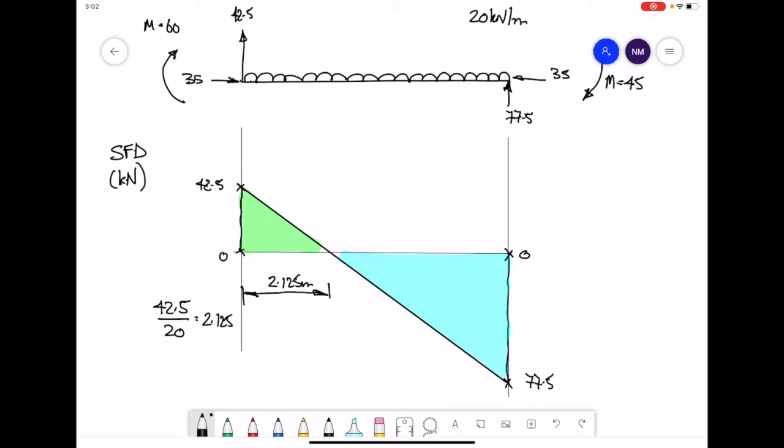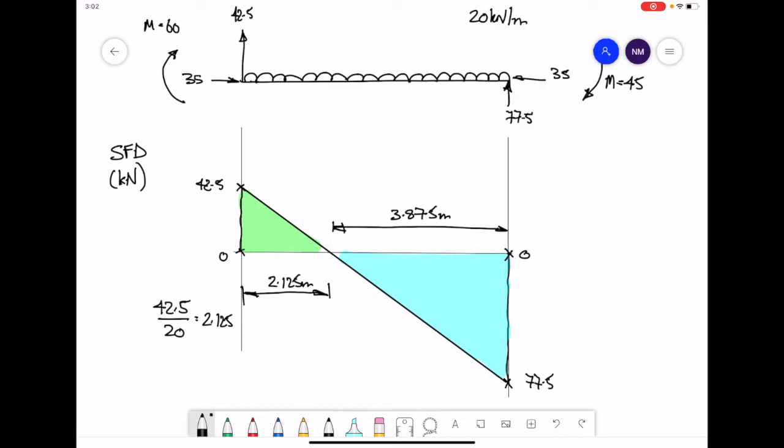The entire length of the beam is 6 meters. Therefore, this distance will be 6 minus your 2.125, and that would give you 3.875 meters. With that information, half the base times the height, we can use that to work out the green area and hence the blue area.